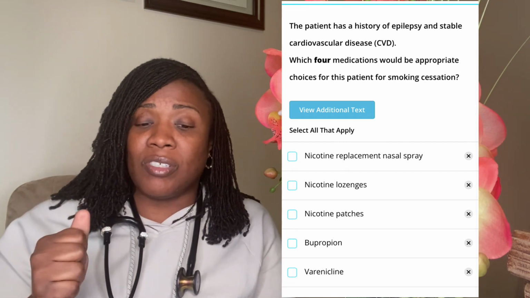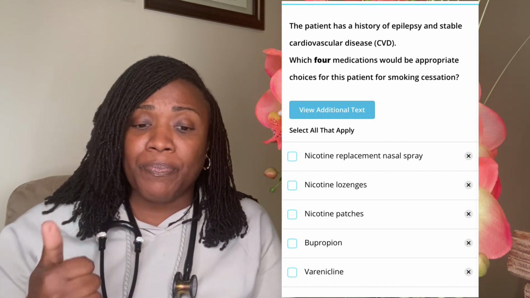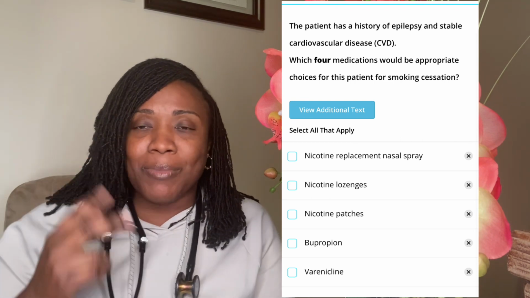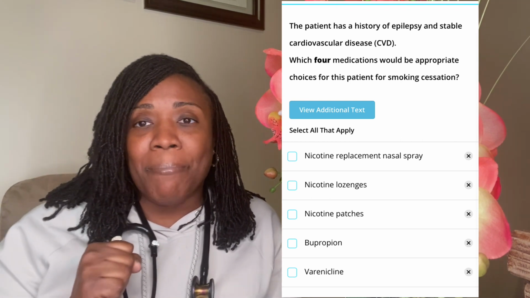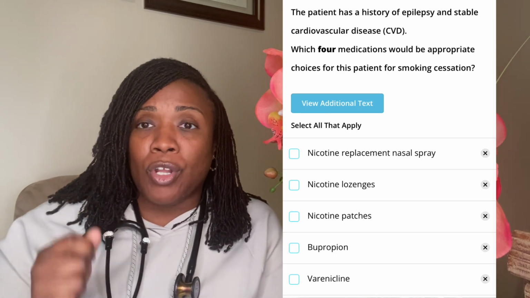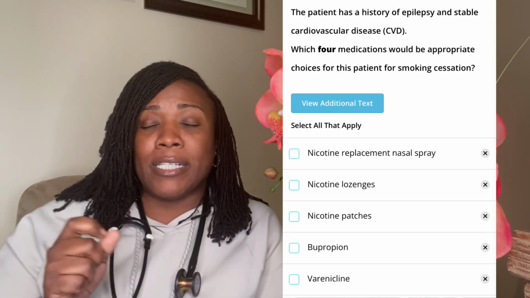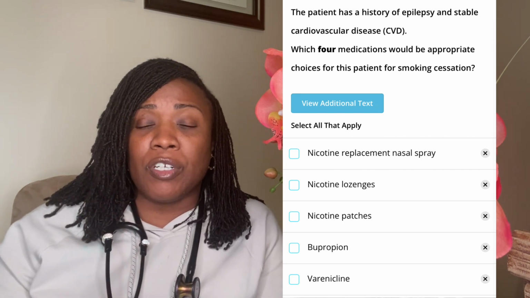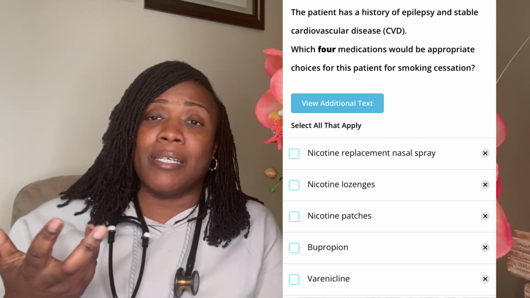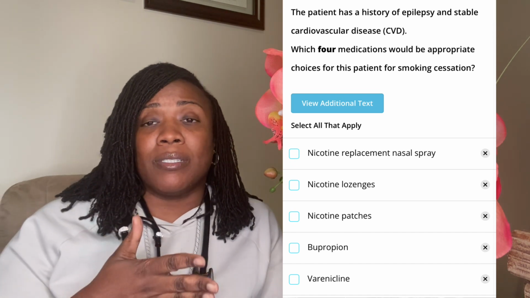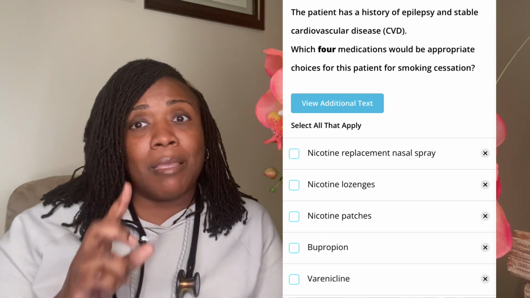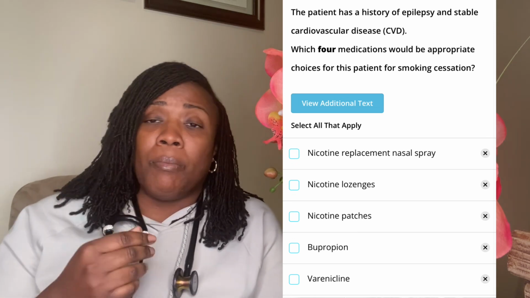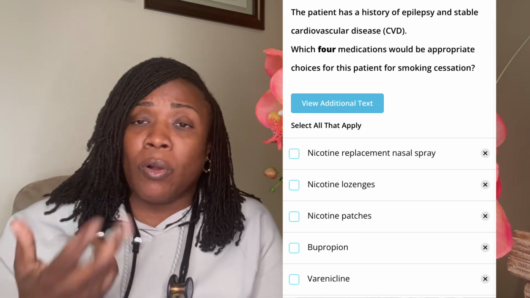So you pretty much just have to decipher between bupropion and varenicline. It's good to know as a provider, because bupropion is also used for depression. It's an off-brand medication that is used for smoking cessation. So if you do get a question, they may try to flip the question on you and ask, other than depression, what is bupropion used for?